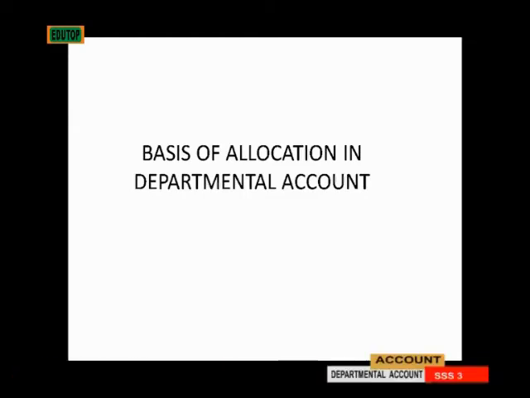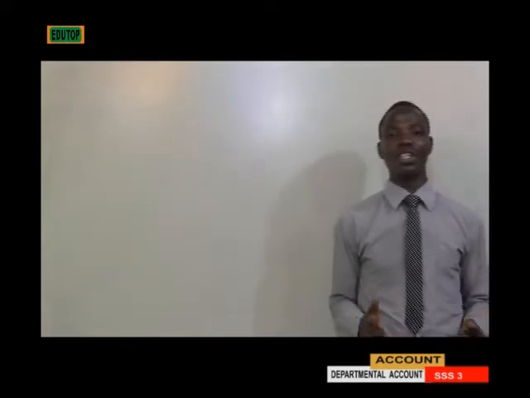Now, before we go into calculation, we will look at the basis of allocation in departmental accounting. We have different departments, which can be segregated into maybe department A, department B, department C. So there is a basis of allocation whereby expenses are distributed to each department.